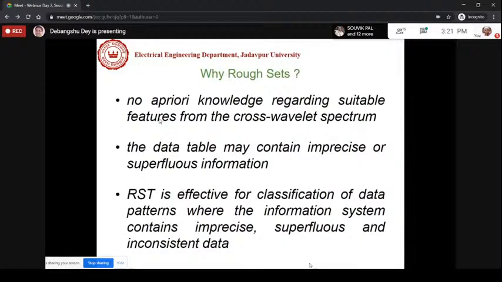So that is why we have used the rough set here, because we have used the cross wavelet transform for the first time, and we had no idea which features will be very good. That's why we have chosen the rough set theory, so that we can eliminate the superfluous information, as well as keep the important features.